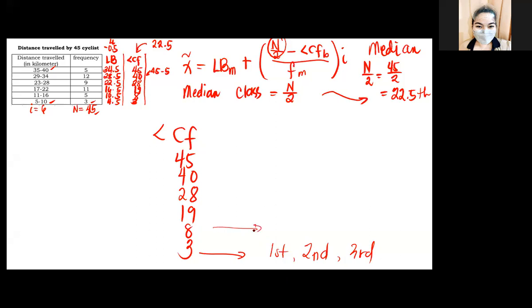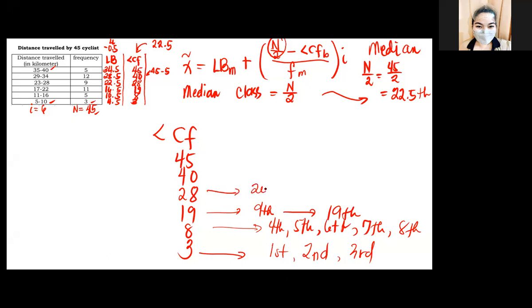Ito namang 8, ibig sabihin yan, naka-include sa kanya si 4th, 5th, 6th, 7th, and 8th data. Si 19, naka-include sa kanya si 9th data up to the 19th data. Ito, naka-include sa kanya si 20th data up to 28th. Okay, yun yung ibig sabihin niyan.